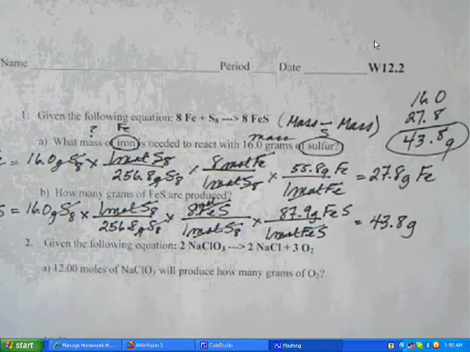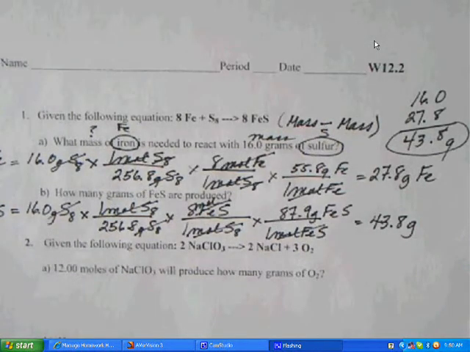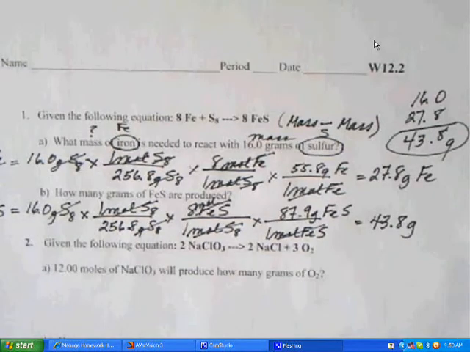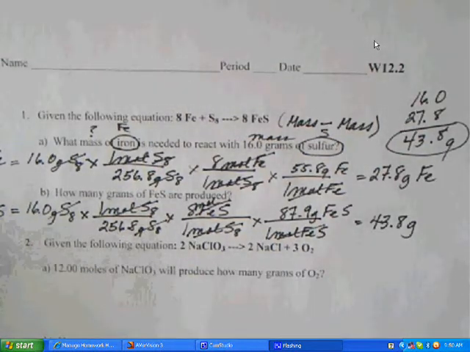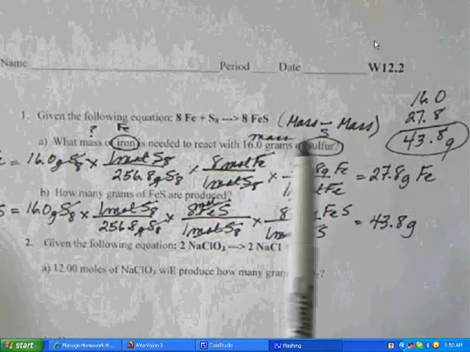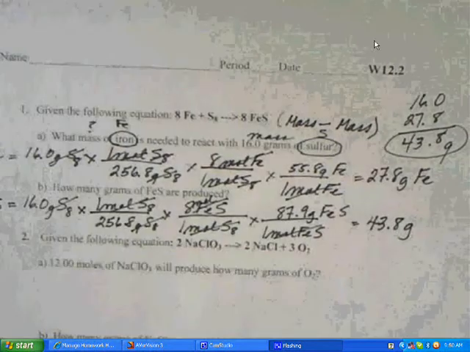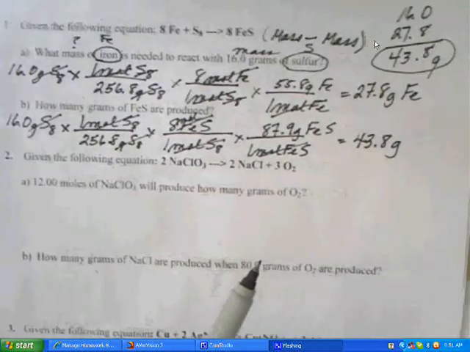It says, given the following equation, you have 2 moles of sodium chlorate, and it decomposes, and you get 2 moles of sodium chloride and 3 moles of oxygen. So now you're doing what? Moles to mass. So that first step you don't need, because that first step is converting mass to moles.